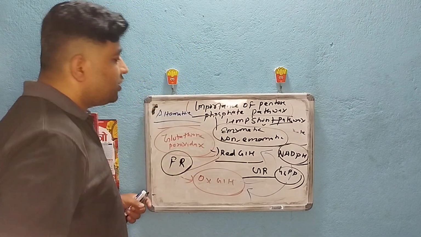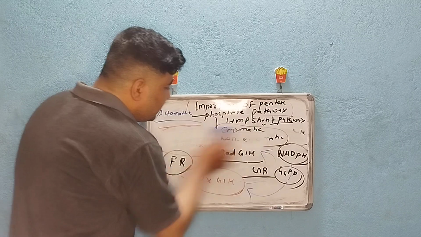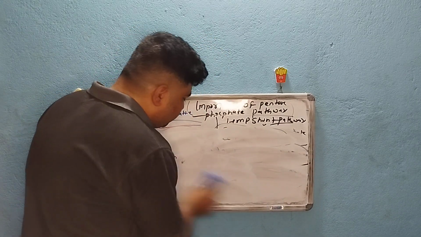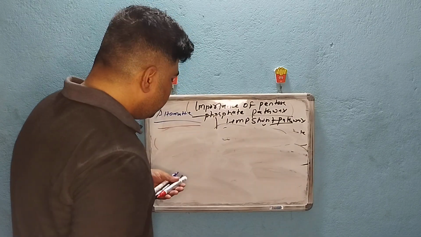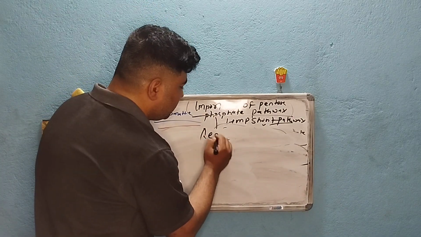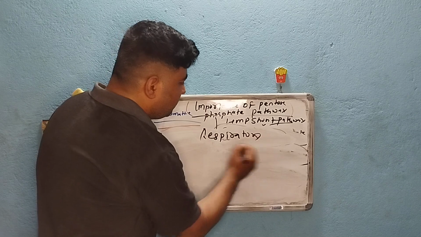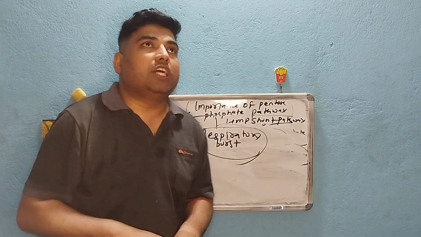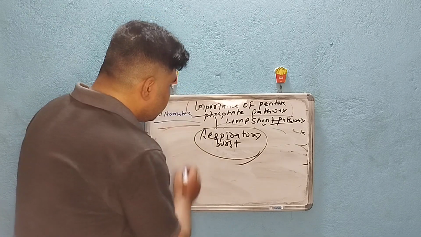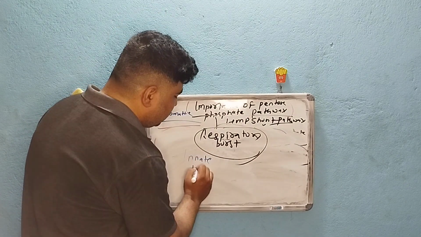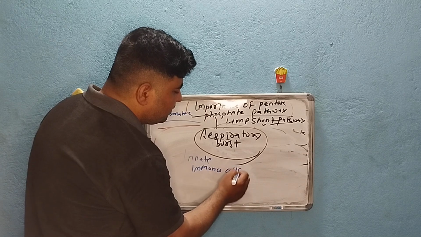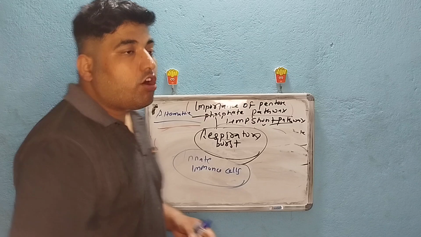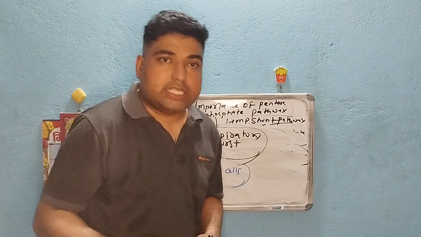The next function of NADPH is the respiratory burst. This is a phenomenon that is activated in our innate immune cells, for example neutrophils, during infection or invasion by foreign organisms.